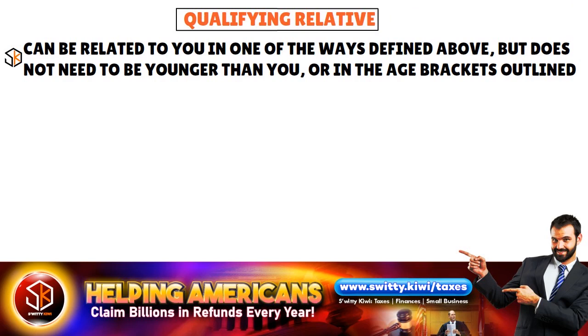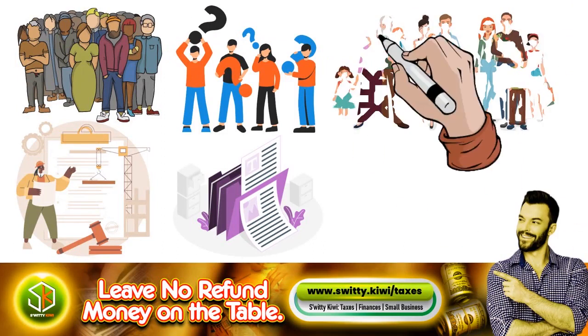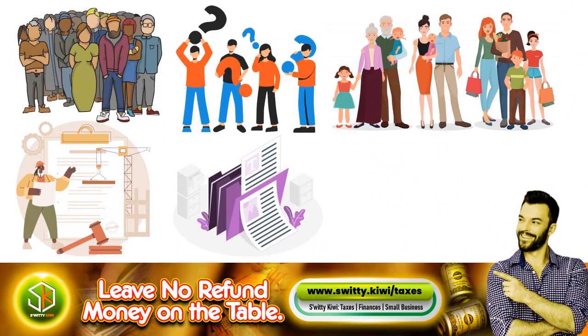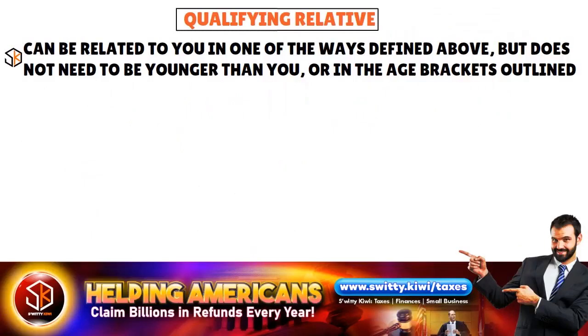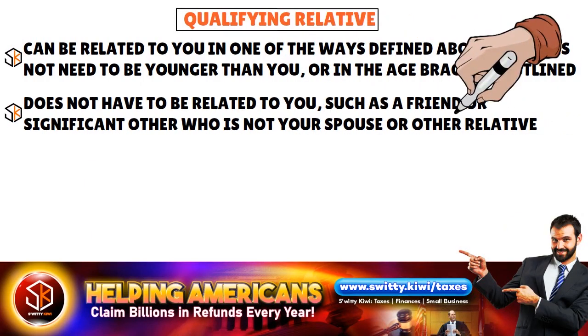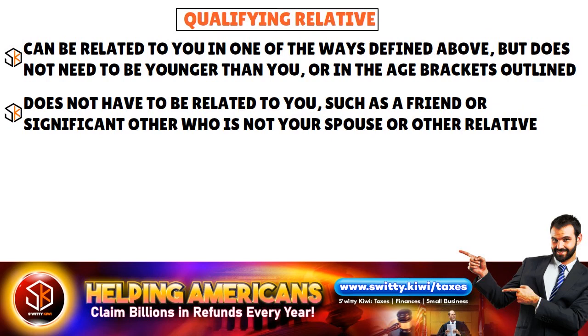So basically, a qualifying relative can be your granddad, your grandmom, your aunt, your niece, your nephew, your uncle, anything. And a qualifying relative does not have to be related to you, such as a friend or significant other who is not your spouse or other relative.